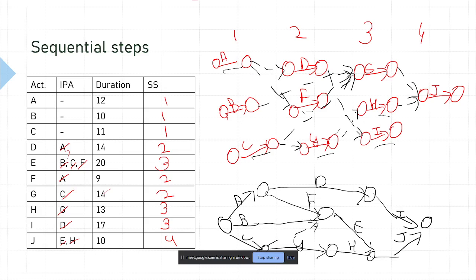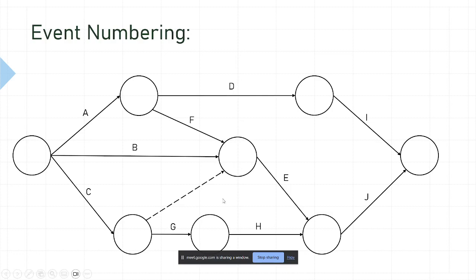Okay, so moving on. This is the same network you helped me draw, right? B, F, and C, one dummy here, A, D, I. So when we were discussing in the starting what to do, someone talked about I and J for each activity.